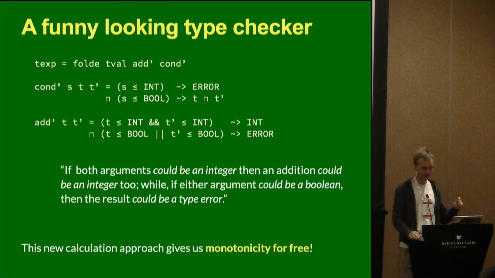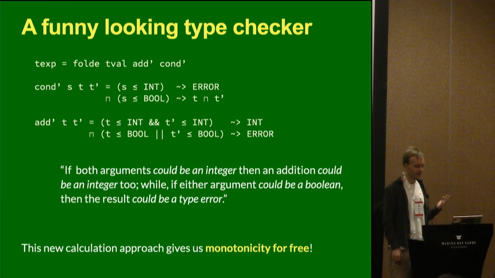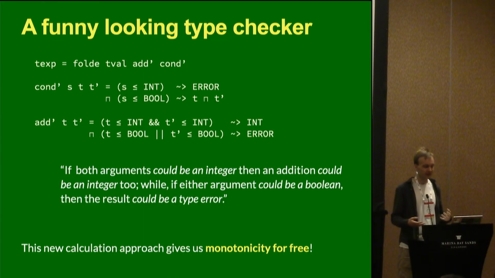So if you look at this second one here, this add prime, which I've not shown you yet, this is what you end up with. You can read this really as, if both arguments could be an integer, then the addition of them could be an integer. That's the first clause. On the other hand, if either of the arguments could be a Boolean, then the result is a type error. And I say is.